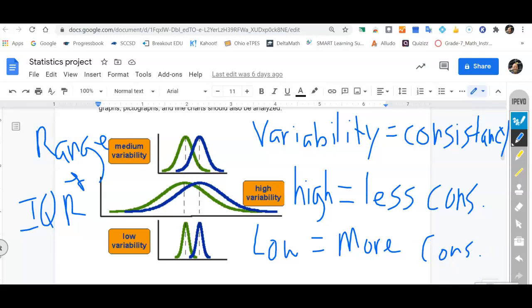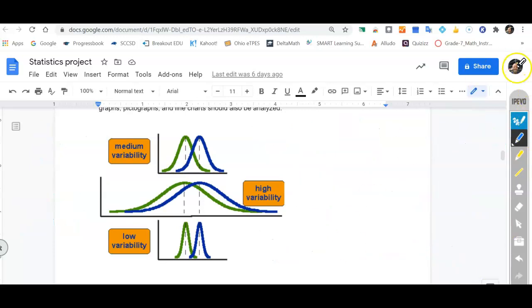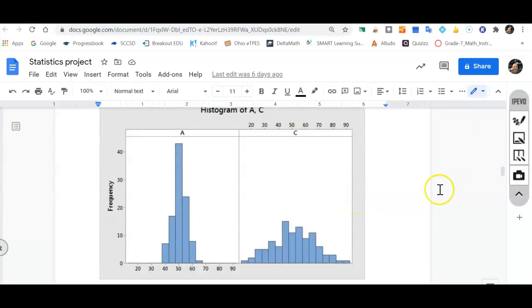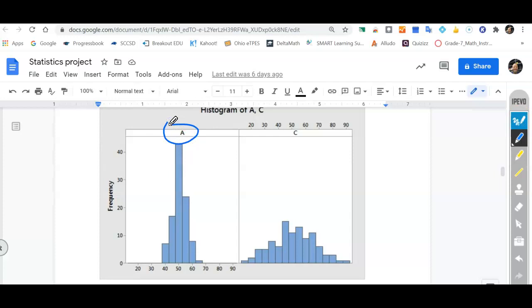So let's look at some graphs. All right, we've got histograms. You guys remember histograms? We've got two different histograms here. So if I'm looking at chart A, histogram A, and you have a bunch of these on your homework tonight, okay?